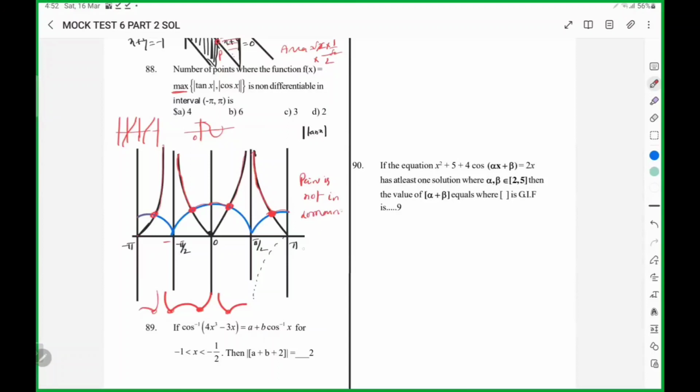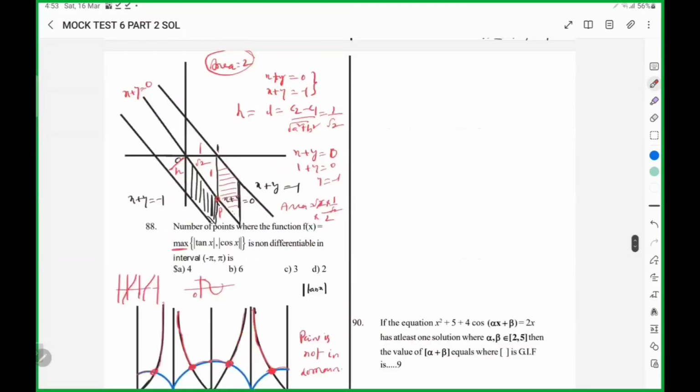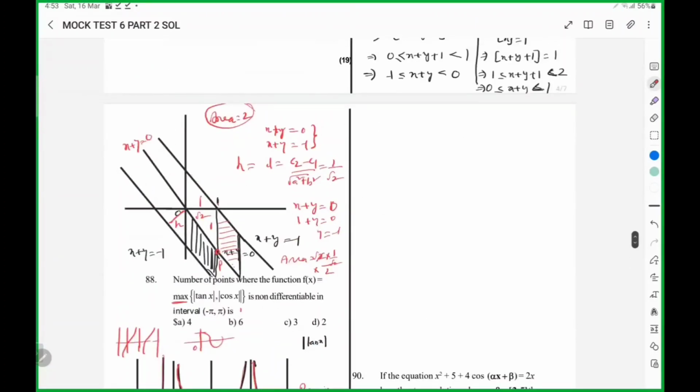So within the domain, f is not differentiable at 4 points. Minus pi by 2, pi by 2 are discontinuous, but those points are not in the domain. Better to write like this.